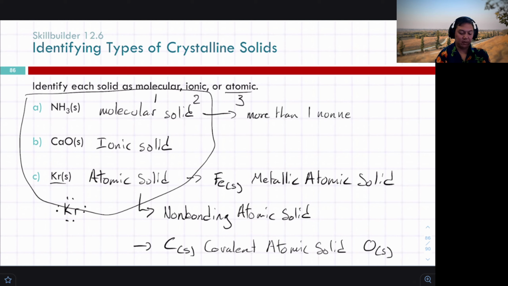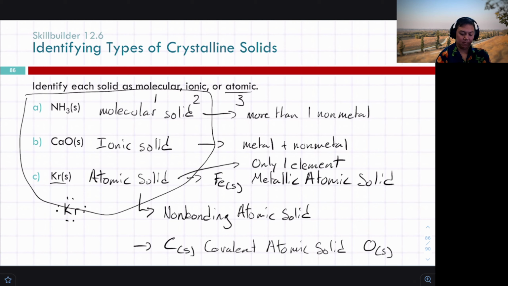Really one or more nonmetals. And it's an atomic solid if it's only one element. So it could be a metal or a nonmetal, but it would be by itself. So carbon, parentheses solid, would be an atomic solid.